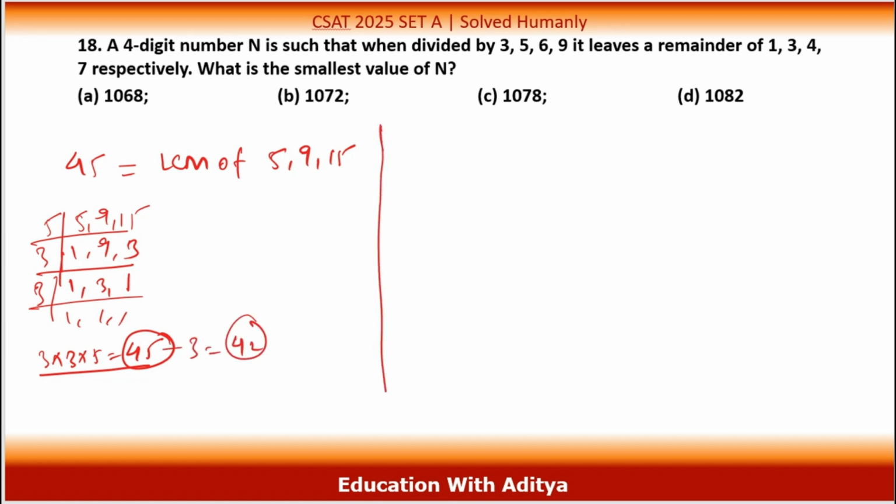Now coming back to our question. To solve this, the difference is 2, 3 minus 1, this minus this, the difference is 2, we all know that. So what I will have to do is find the LCM of 3, 5, 6, 9.